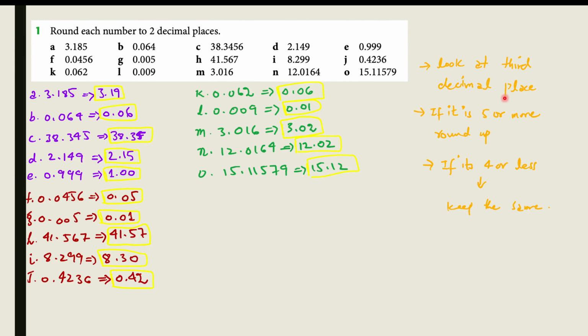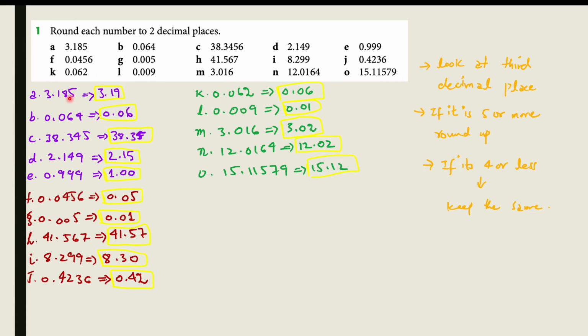We look at the third decimal place, because we have to round to 2 decimal places. Here 3.18 is the 2 decimal places. We look at the third digit. If this is 5 or greater, we increase the second decimal digit by 1. It will become 3.19, because this is 5.